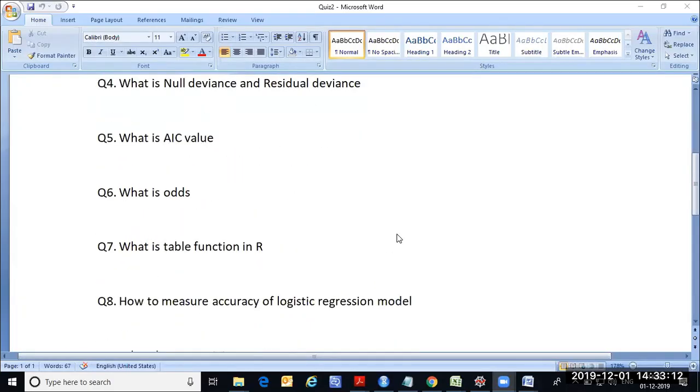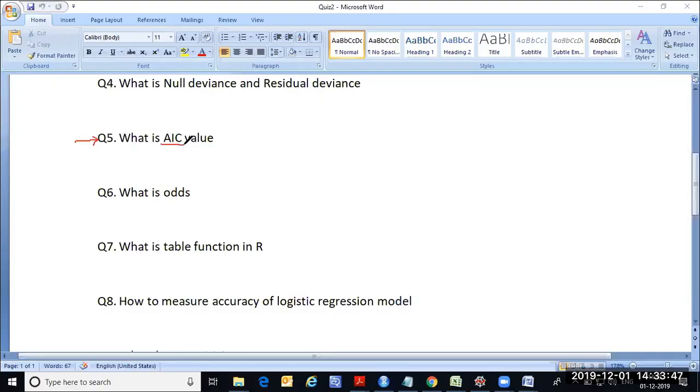What is the AIC value? What is the full form of AIC? Akaike information criterion.